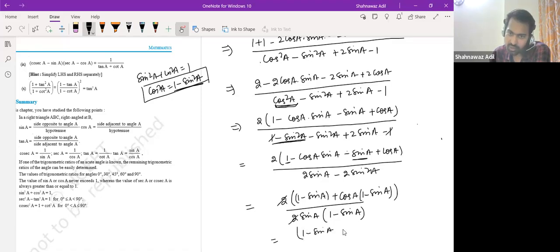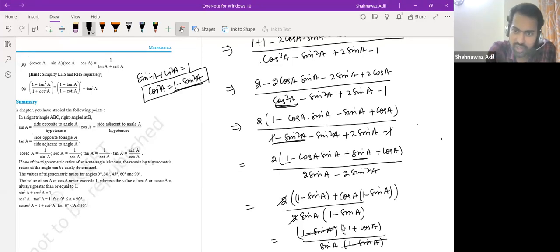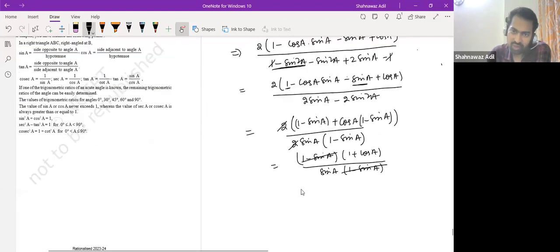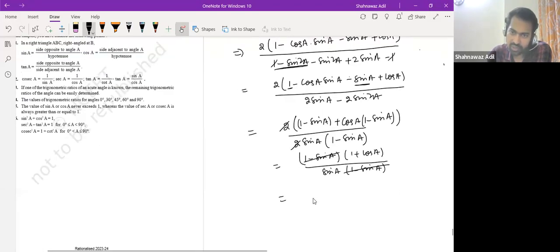So this is 1 plus cos a divided by sine a and 1 minus sine a. So this is cancelling and what do we have? We have 1 plus cos a divided by sine a.